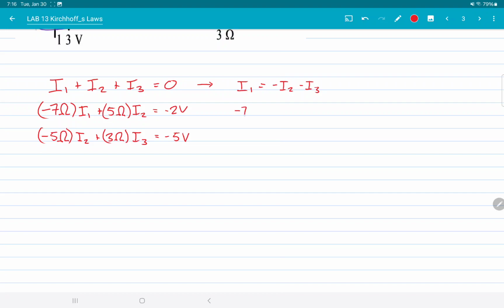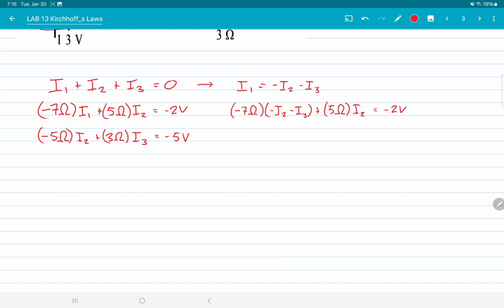So I'd have my negative 7 ohms times negative I2 minus I3 plus 5 ohms I2 equals minus 2 volts.